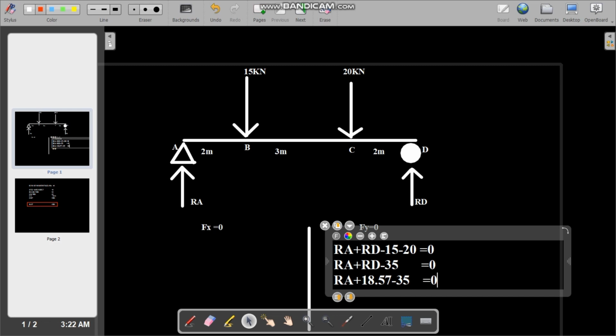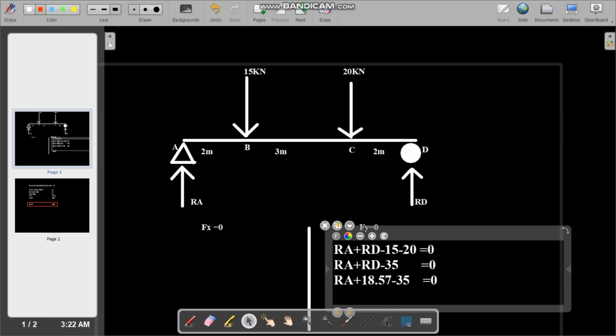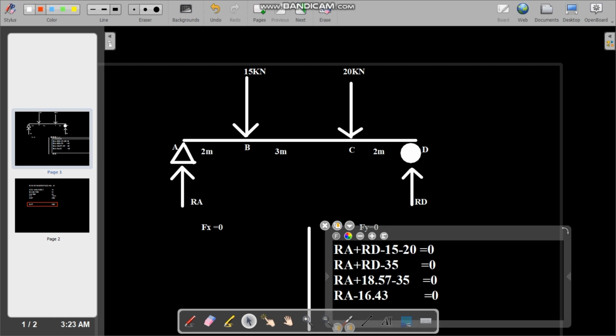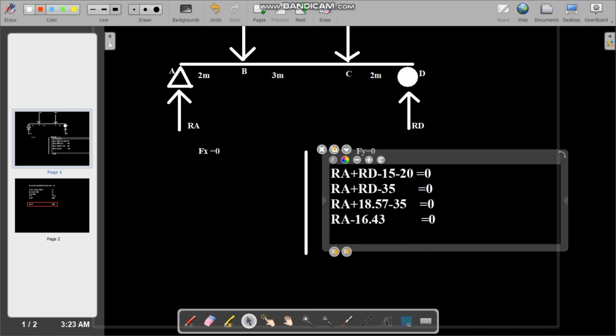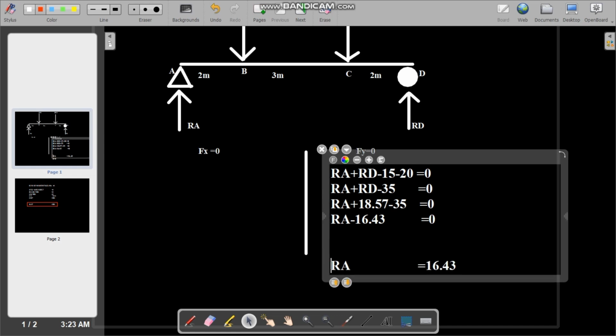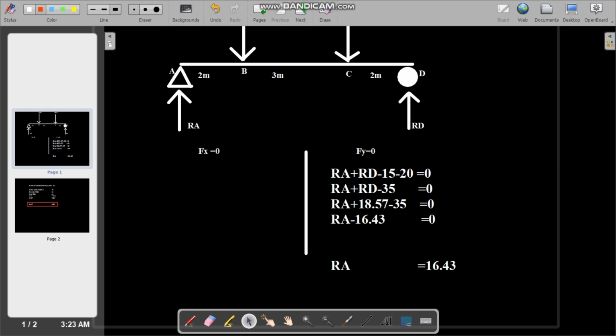Ra plus Rd value, 18.57, minus 35 is equal to 0. So here we got the Ra value. Ra is equal to 16.43, the actual value of Ra. Reaction at point A is equal to 16.43. Okay, we got the two values.